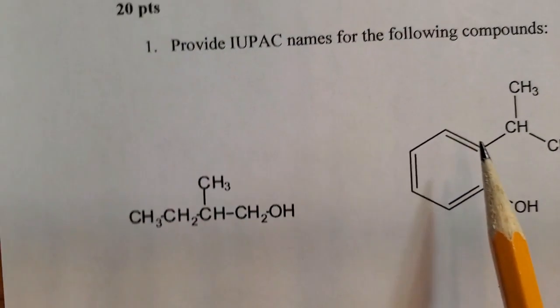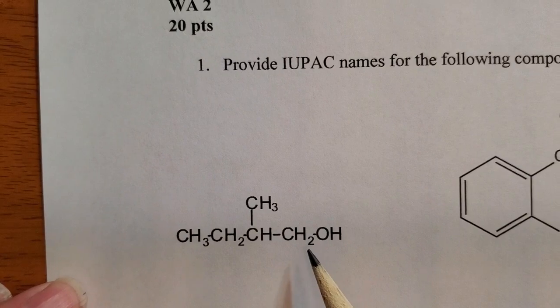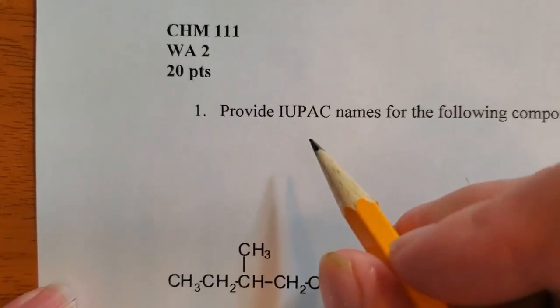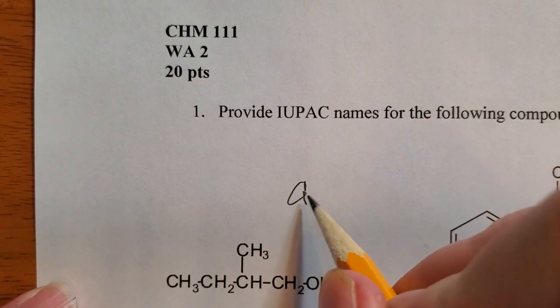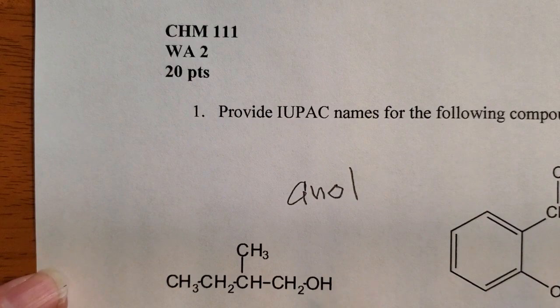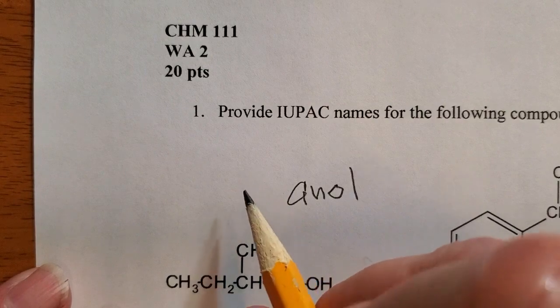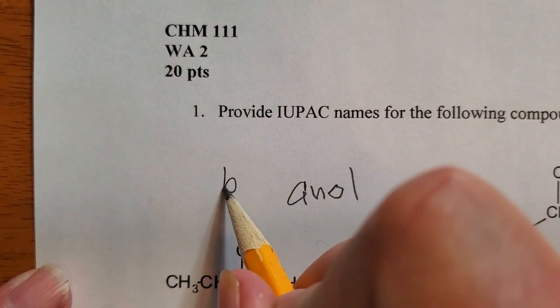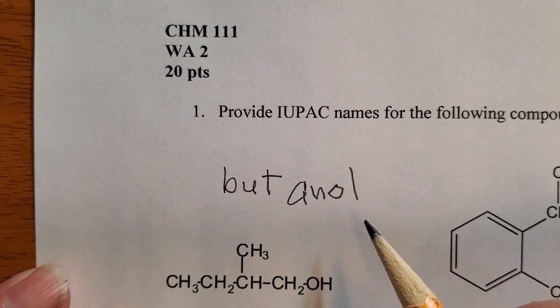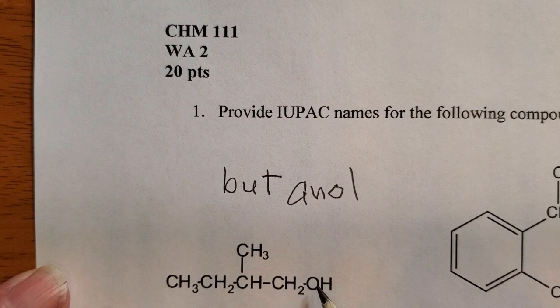Okay, so we see that this first compound is an alcohol. So it's going to end in -ol. Okay, longest chain, 1, 2, 3, 4. So that's going to be but. So this is a butanol. We have to indicate where the OH is. It could be on this, so that's why we have to indicate where it is.